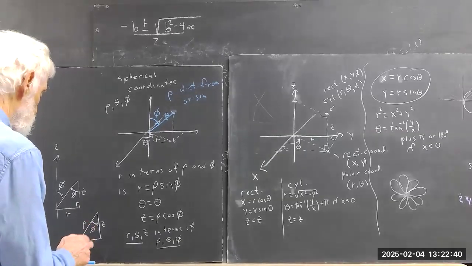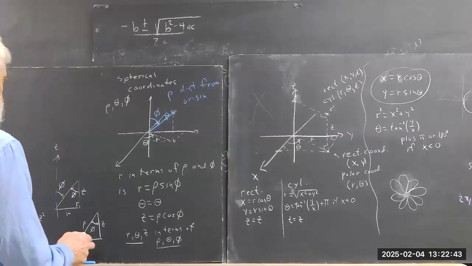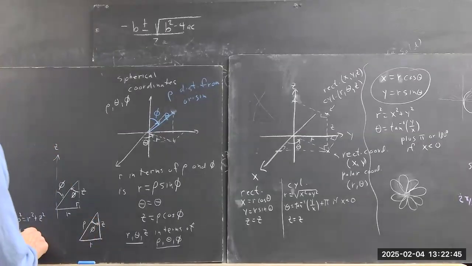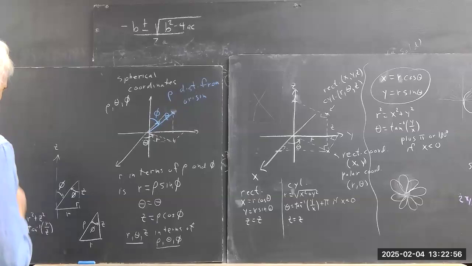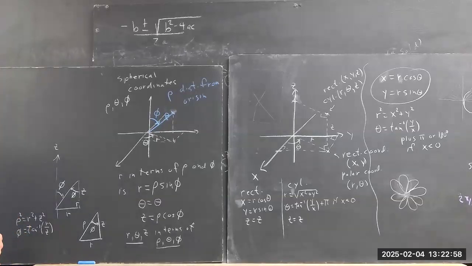Phi in terms of R and Z is the inverse tangent, if you wish, of R over Z. And now, why do I have to add 180 degrees if Z is less than zero?